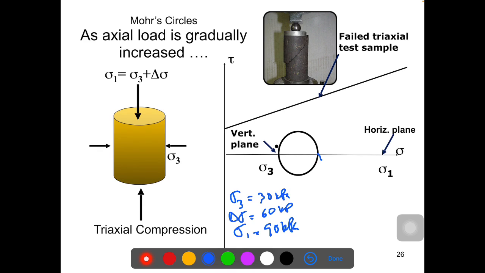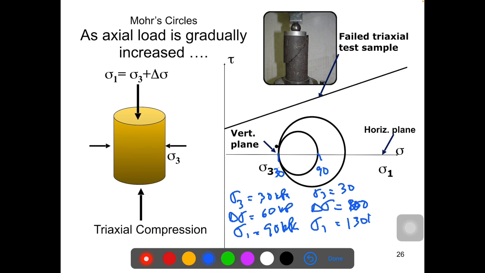Then you increase the delta sigma, let's say 80 or 100. Now sigma 3 is still 30, but your sigma 1 is now 130 kPa, but your soil has still not failed.